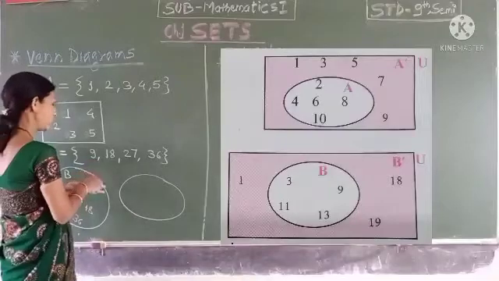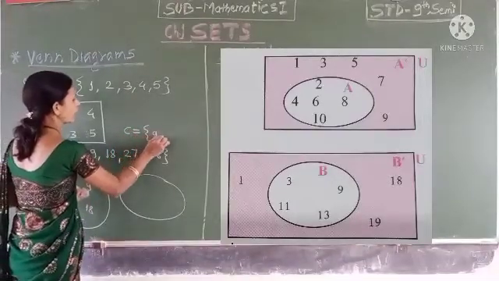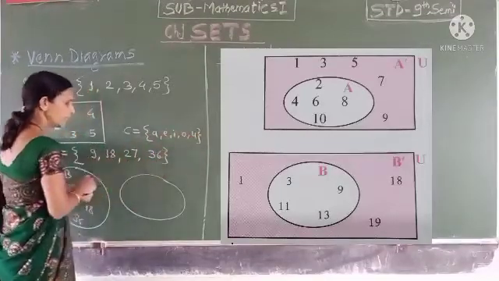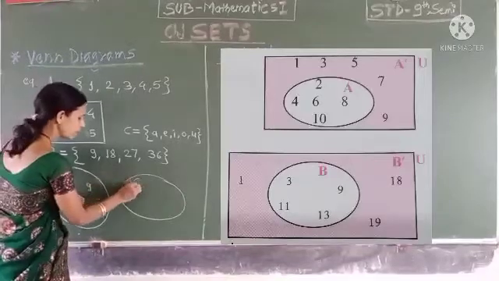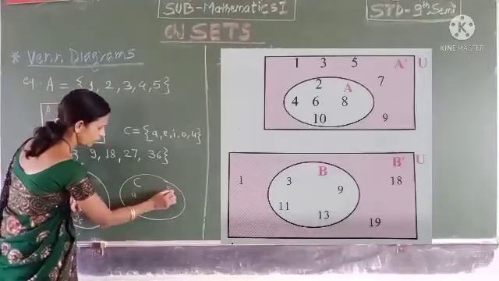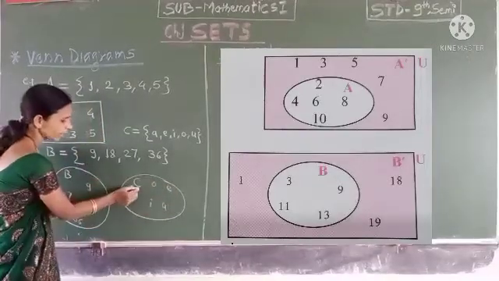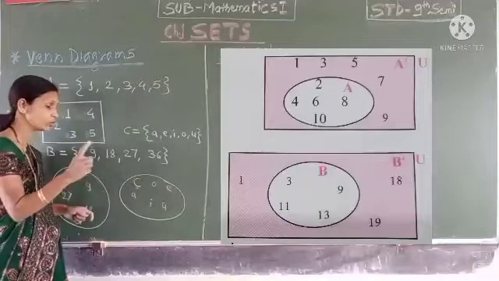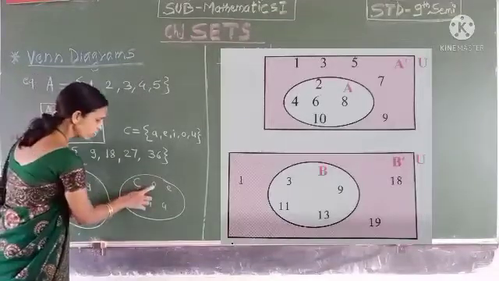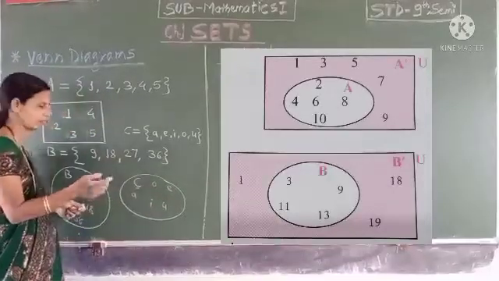Now if there is one more set, C is a set of a, e, i, o, u. Here capital C is used to represent the set. It is the name of the set, and small letters are used for the elements.